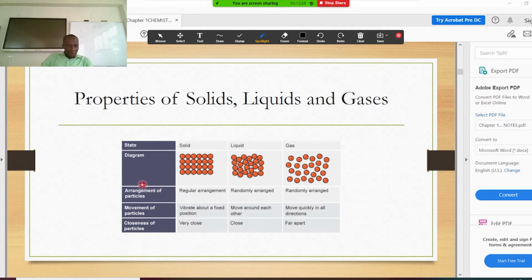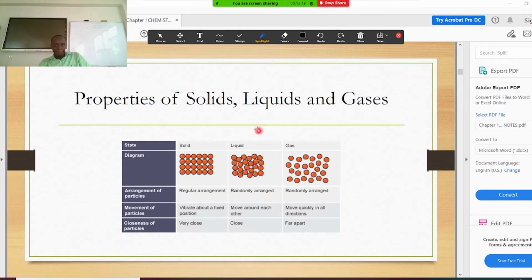Now, the arrangement. When describing the arrangement of particles in solids, we say they have a regular arrangement, a regular pattern, an ordered pattern, or a lattice.